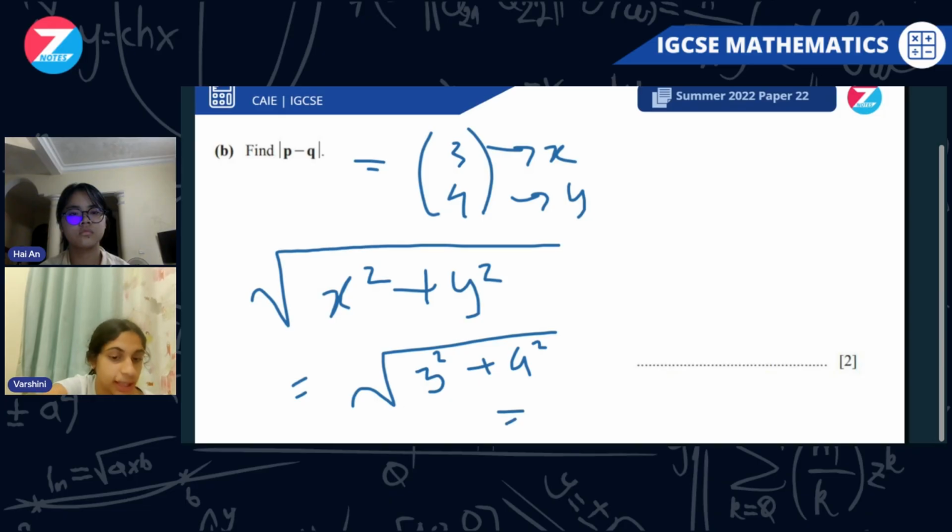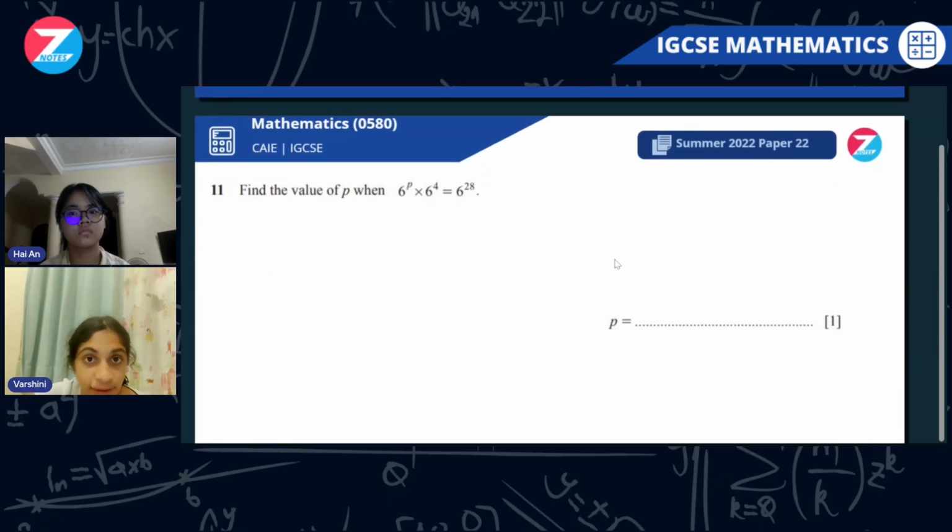And if you calculate that, that should just give you 5. You could also, if you know the triplets in Pythagorean theorem, know that 3 squared plus 4 squared equals 5 squared. But if not, no worries, you have a calculator for this paper.